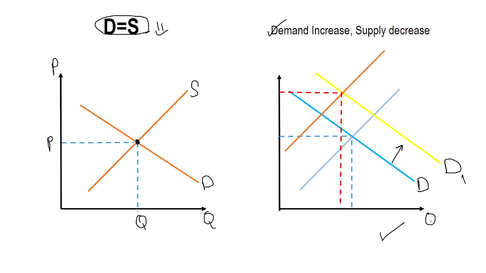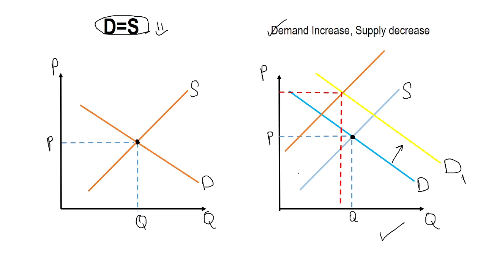Here we have quantity and price. This is our original demand, this is our original supply curve. Here is the original equilibrium point, the original equilibrium quantity, and here the original price at the equilibrium point.